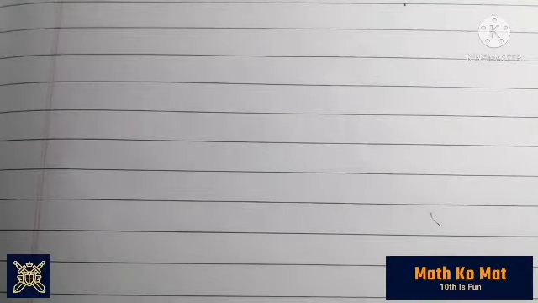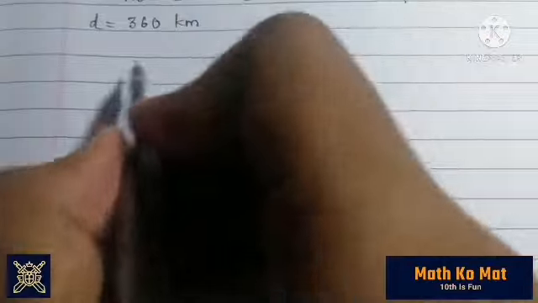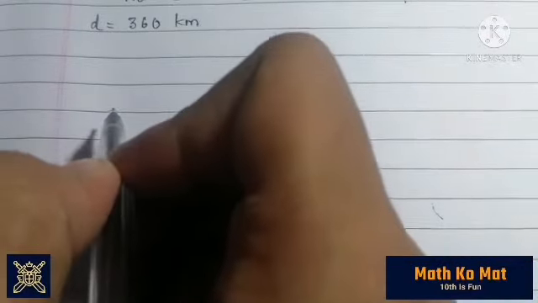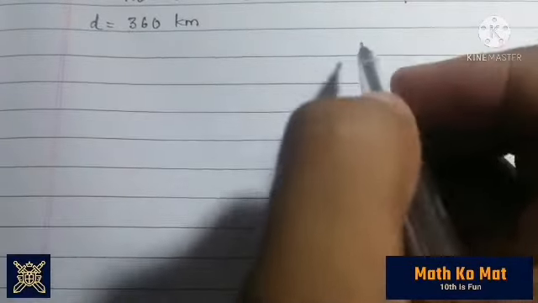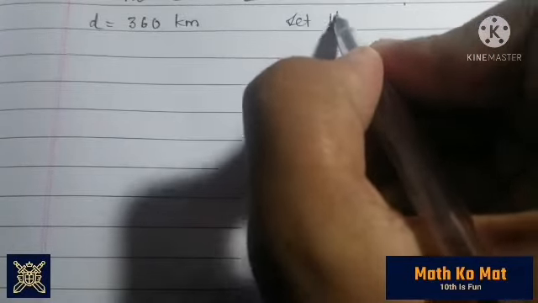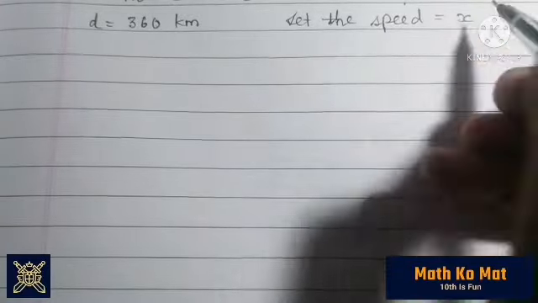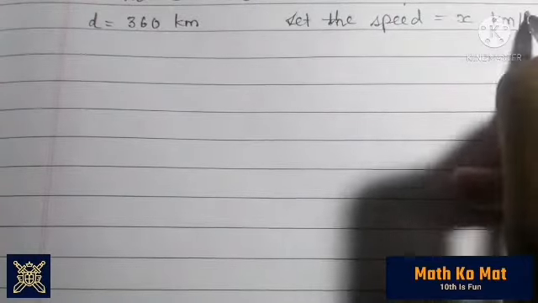We are given that the distance is 360 kilometers. So first of all, let's note that D is equal to 360 kilometers. That is the only constant thing. Now we have to find the speed. So let the speed of the train be equal to x kilometers per hour.